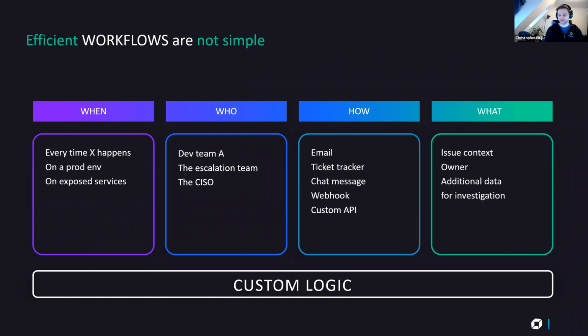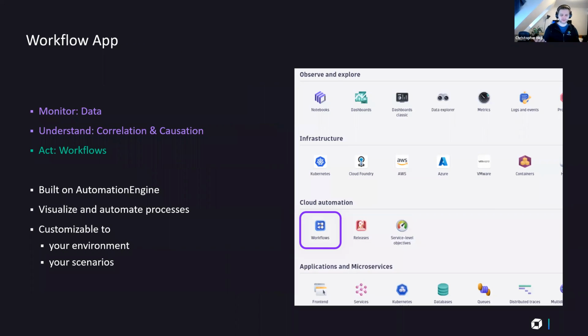So that's really the complexity: there's not a single right solution for everyone that we can just roll out where you click a button and now it's there, right? Because every environment is a bit different, every scenario is a bit different. And this is why we created workflows, to address that issue and to be able to automate these processes end to end.